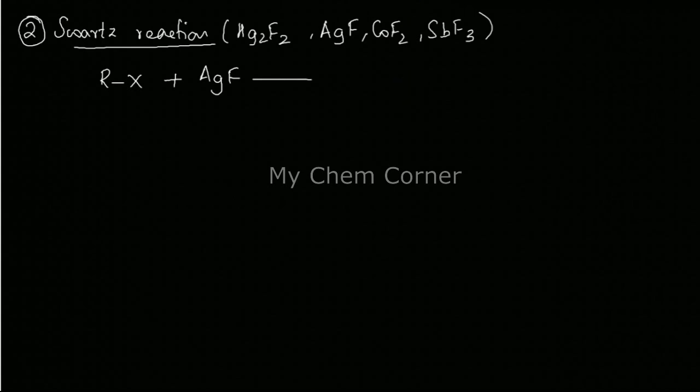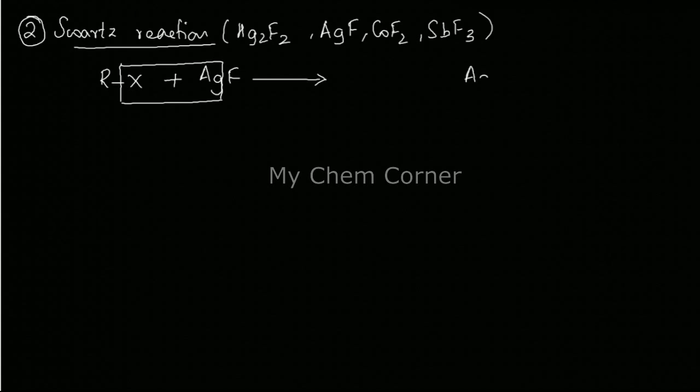Again, this comes in the halogen exchange method. So what are you going to do? Interchange the halogens. Here also, fluorine, being one of the halogens, is going to go to the R group and X will go to Ag. So I'm going to break the bond here and form this as the byproduct, similar to the previous one.